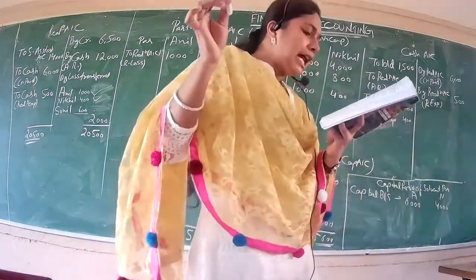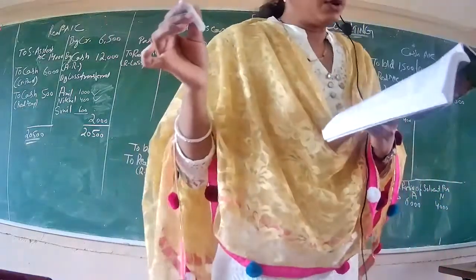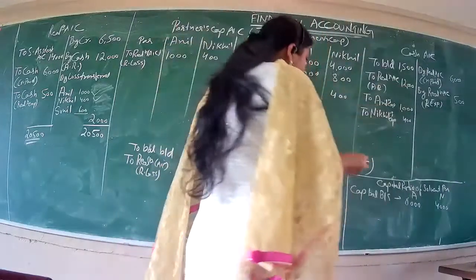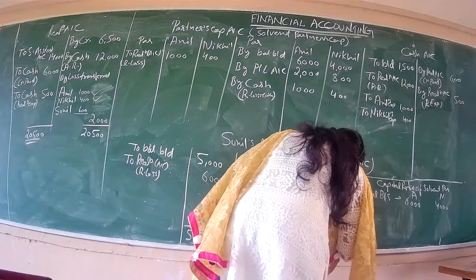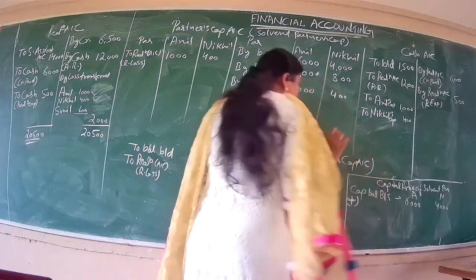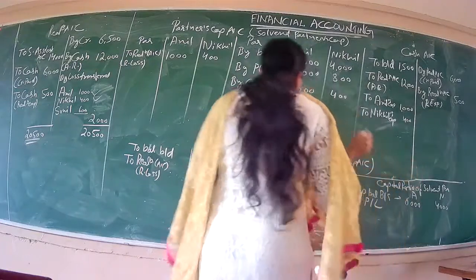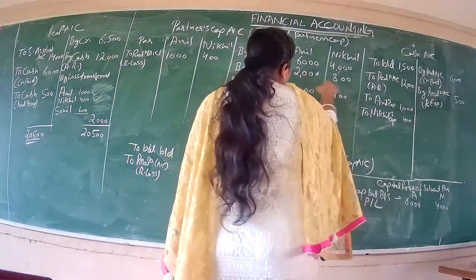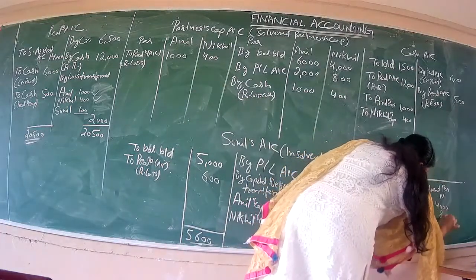After that, in the balance sheet we also have the profit and loss account on the liability side, that means profit. That profit we also have to add. If it is profit, we add, and if it is loss, then we deduct. We have already calculated their share of profit and loss, and I am going to take the same here, 2,800.